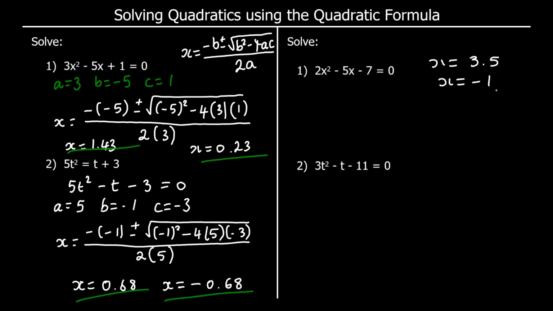Because we've got whole answers, that means we could have also factorized it. So 3.5 will be 2x minus 7 and x plus 1. So 2x squared minus 7x plus 2x minus 7.